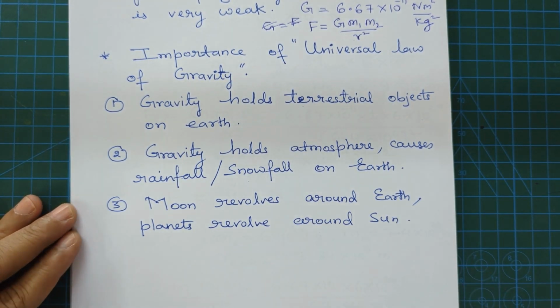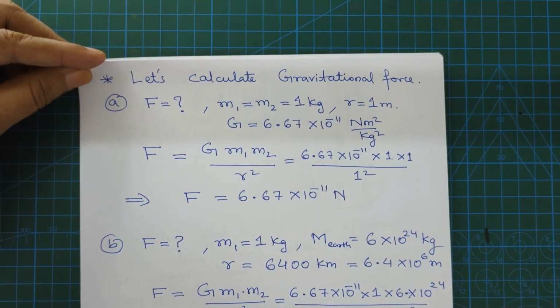Now that we have learnt the mathematical formula for the force of gravity between any two masses separated by some distance, F is equal to G m1 into m2 by r square, let us see how to apply that formula to calculate the force of gravity between some typical kinds of masses or special cases.